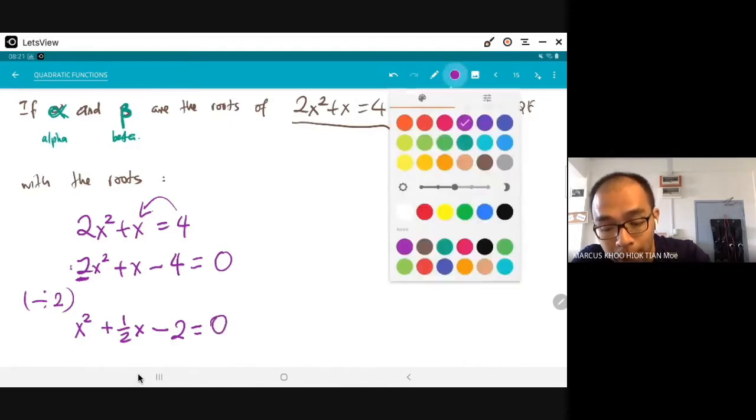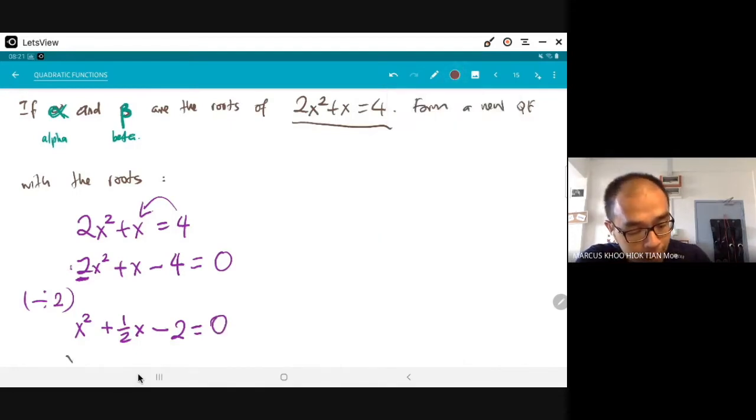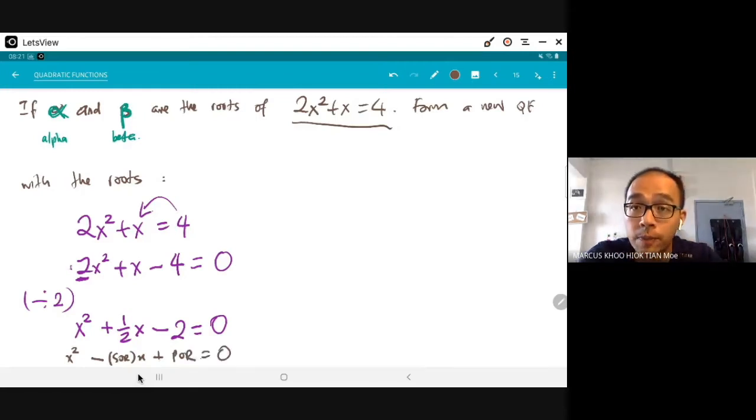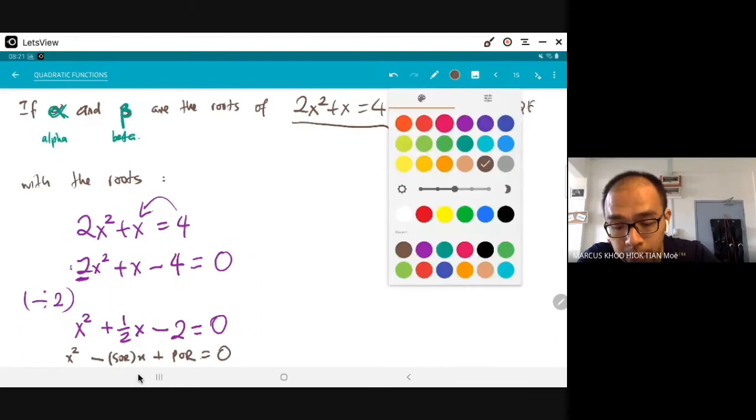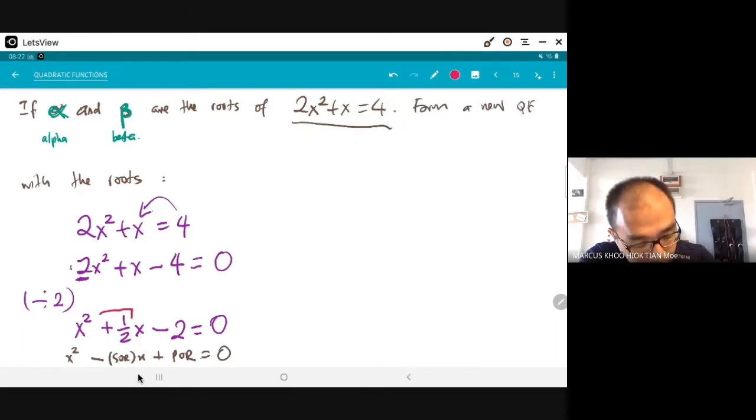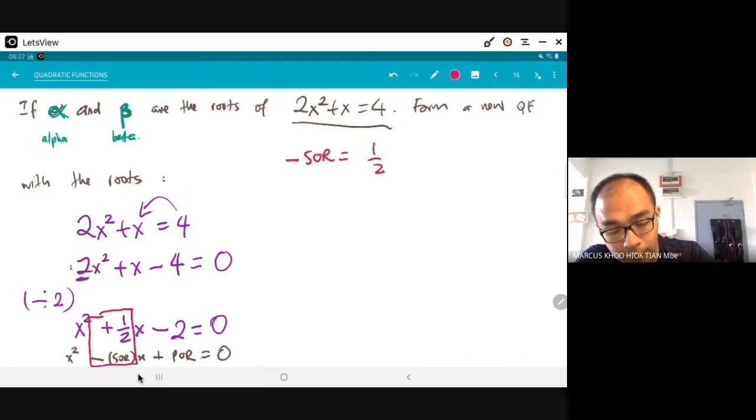Now, compare this with our template. Our template is x squared minus SOR x plus POR equals 0. So I can conclude that minus SOR equals half, so positive half. So what is my SOR?